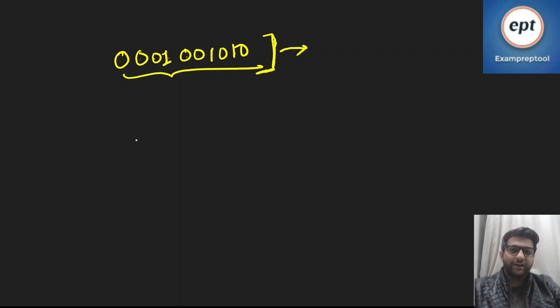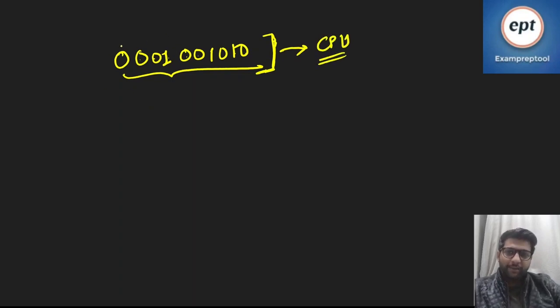So let's say if we have, let's say, a 10-bit instruction, right? So now when we give this particular instruction to the CPU, the CPU should know what this instruction translates to. And the CPU only understands the binary code.